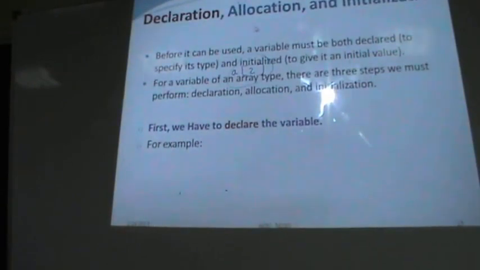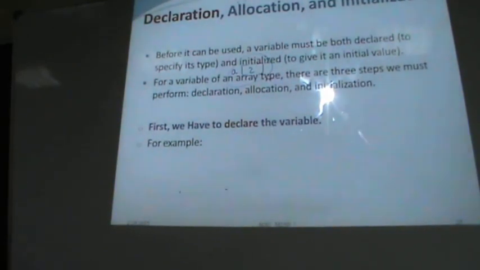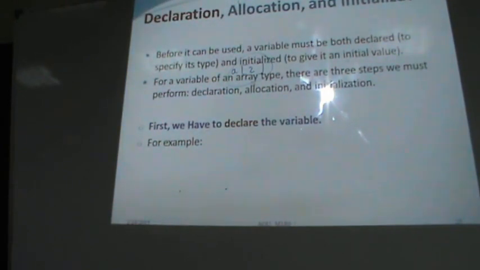Okay, declaration, allocation, and initialization. Before it can be used, a variable must be both declared and initialized. Okay? Before we use an array, we should declare and initialize it. For a variable of an array type, there are 3 steps that we should perform.